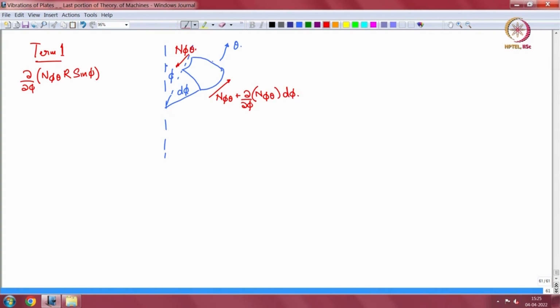Okay, and they are going to contribute in the theta direction. So let's see now.